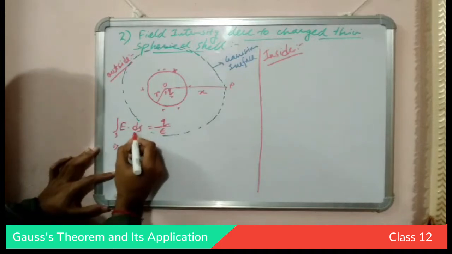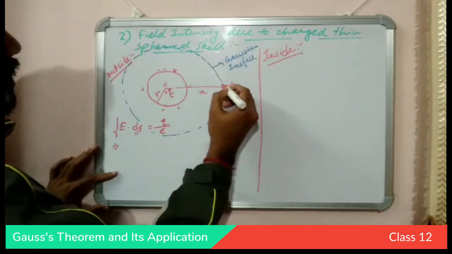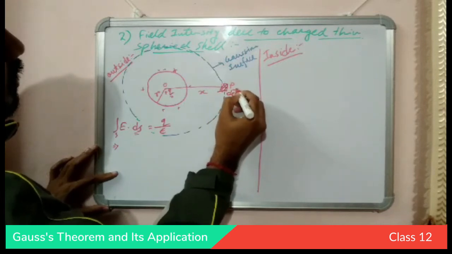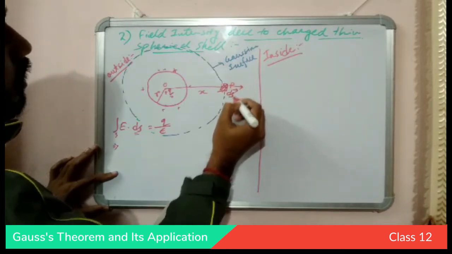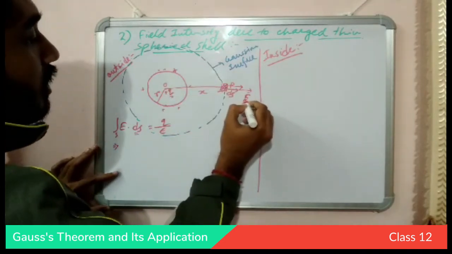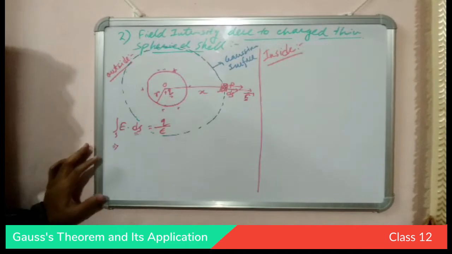So this is our ds, and this is radially outward, and the electric field due to the charged sphere is also radially outward, so both are parallel.